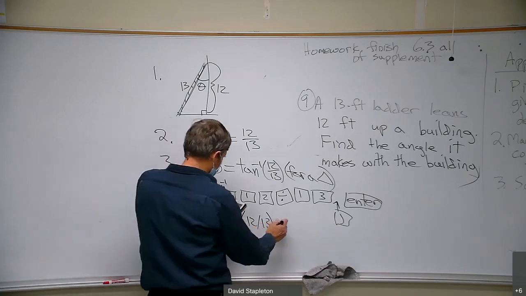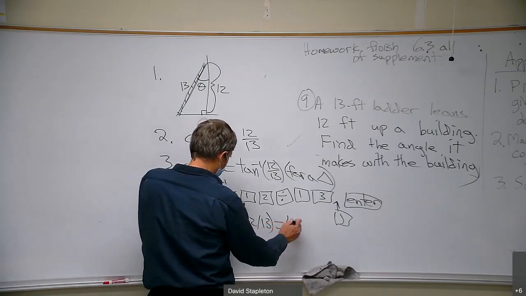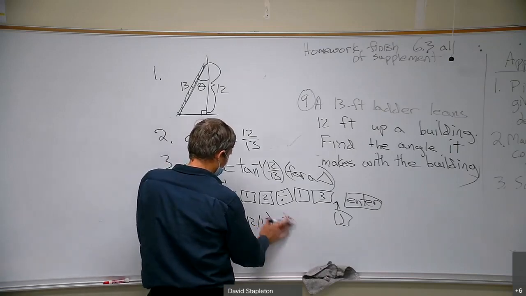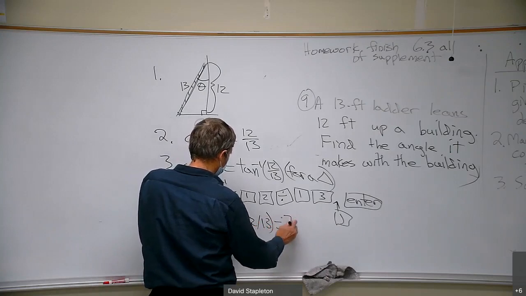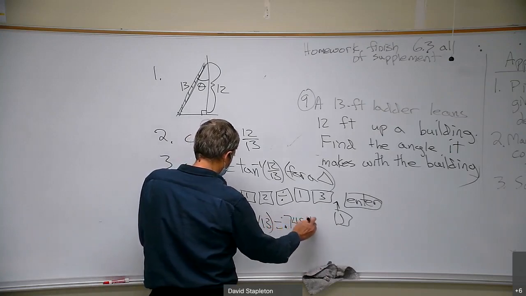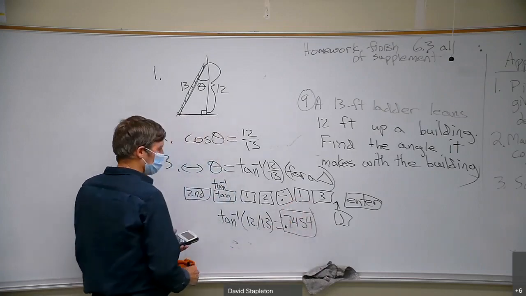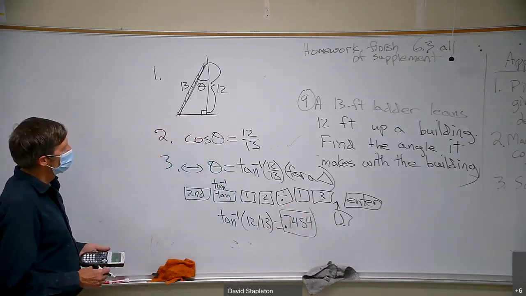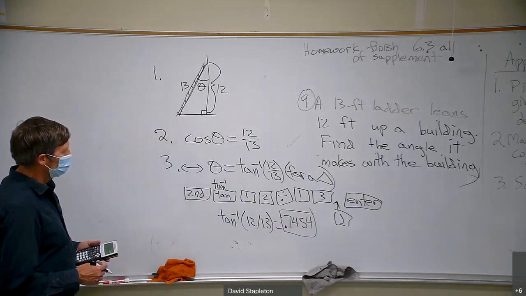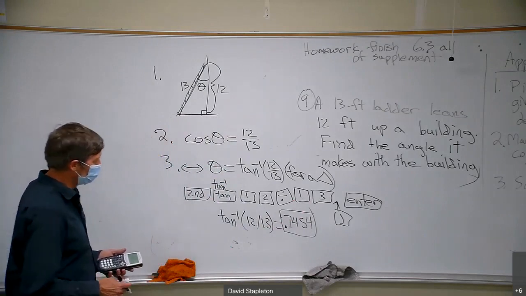And I get 0.74 54 and a bunch of other things. All right, so there's the 4 digits. I don't know how many the problem said. So there's some radians because my calculator is in radians mode.